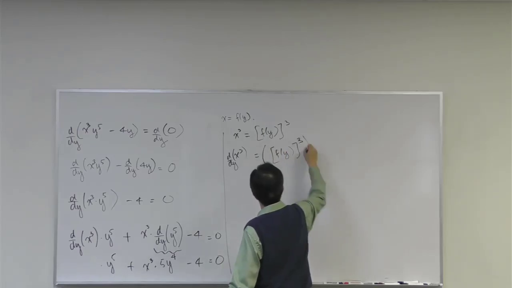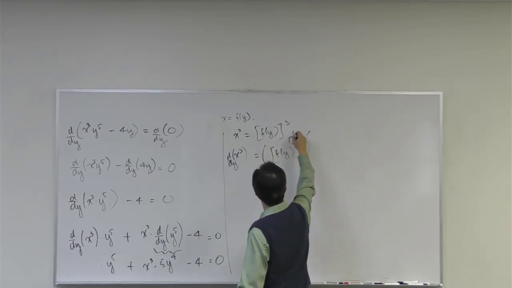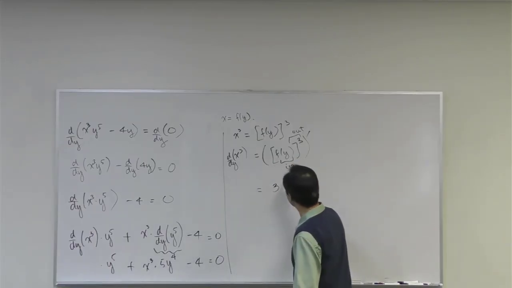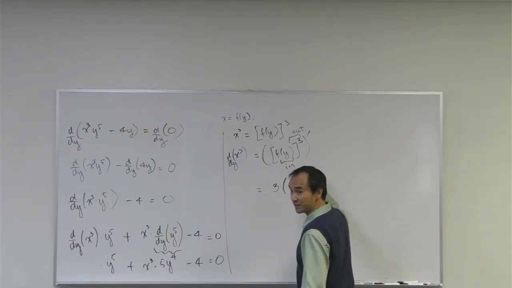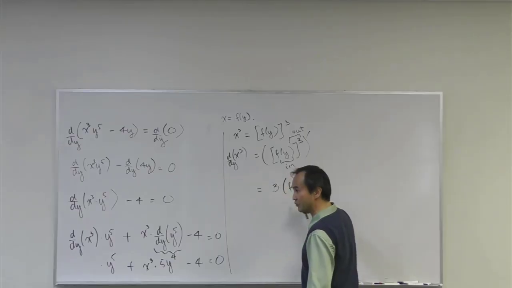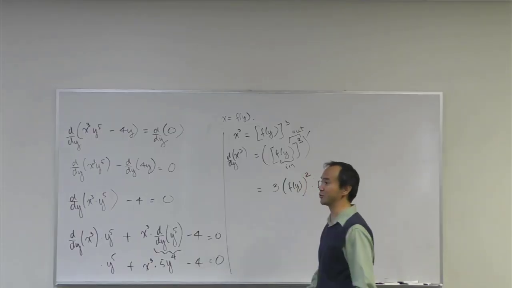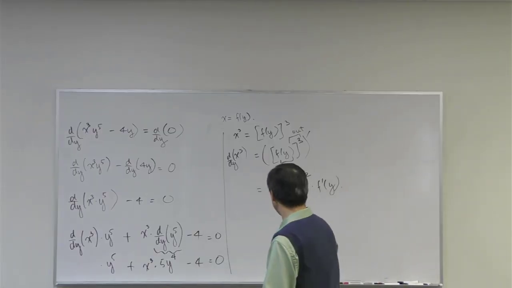So chain rule says, see, there's the outer function, right? And there's the inner function right here. So chain rule says we go 3 times, right? The unknown function f of y raised to the power squared. So that's the derivative of the outside function. Then we multiply with the unknown derivative, f prime of y, right? The implicit derivative.